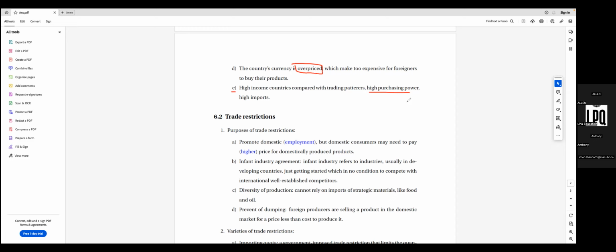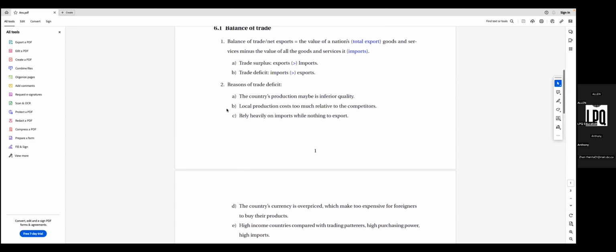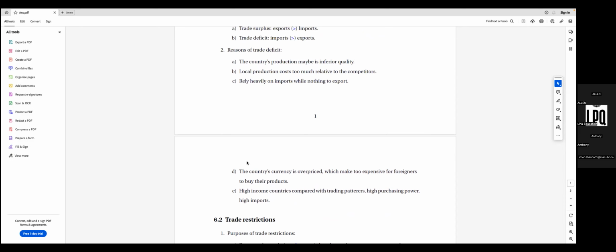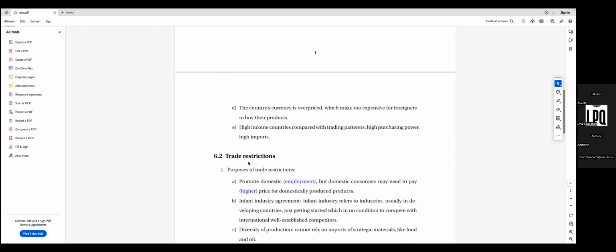With a strong purchasing power, Americans are naturally willing to buy a lot of things made by Asian countries. So finally that leads to America being a trade deficit country. Okay, so these are some common reasons, A, B, C, D, E, why your country finally is a trade deficit country.